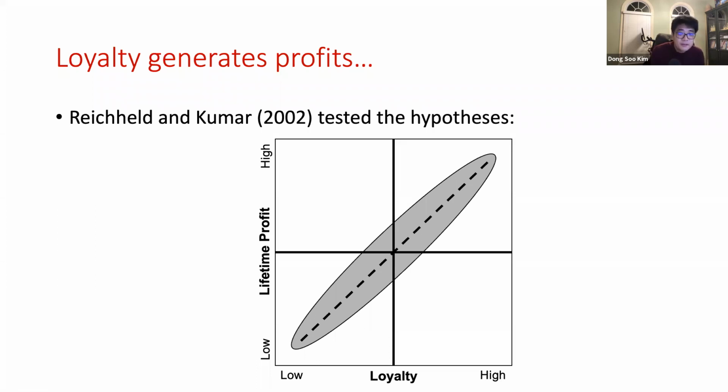In the graph, most customers are plotted in this gray area, meaning that loyal customers gave high profit and not loyal customers made just low profit. So it seems that Rachel's hypotheses are true.